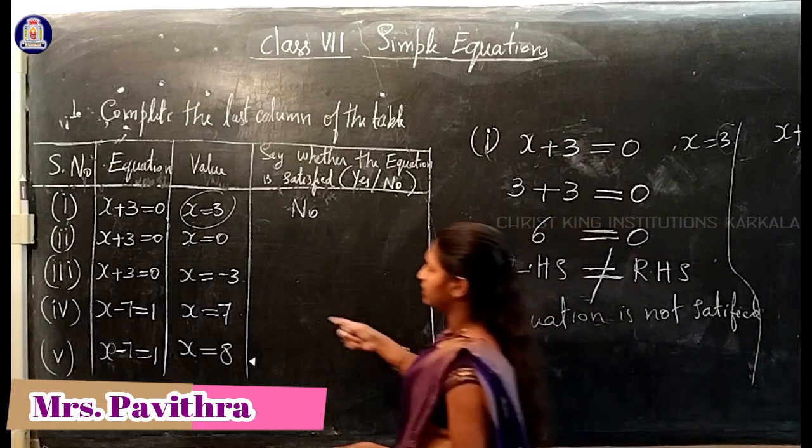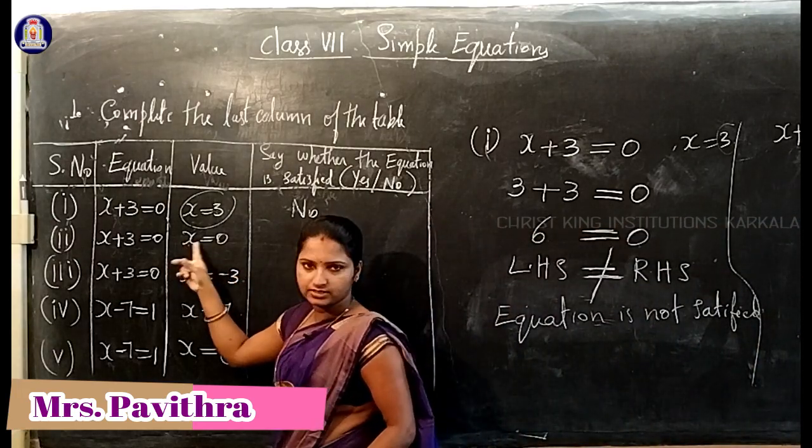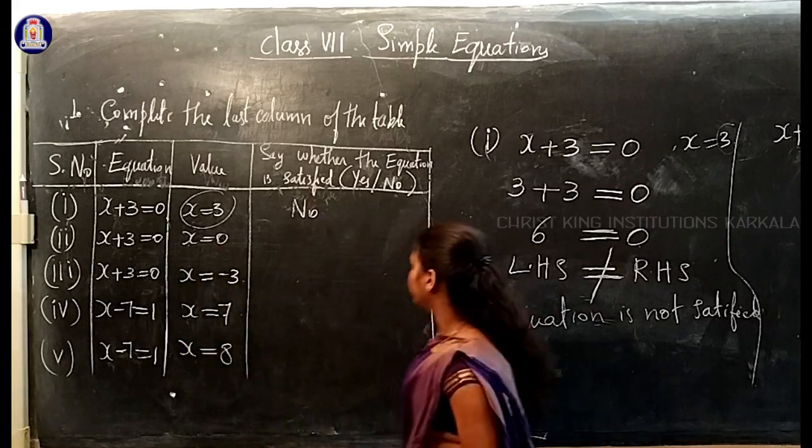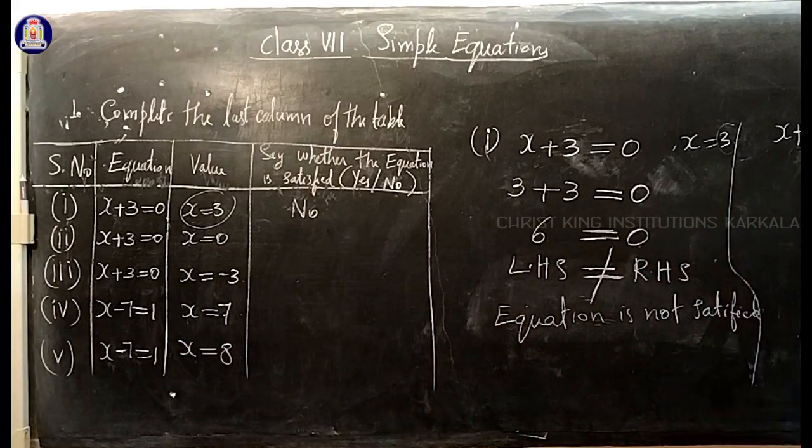The value of x is 0. So what we have to do? We have to substitute this value in this equation. Clear? In place of x you must write the value of x. X is 0, right? So 0 plus, the remaining values write as it is. That means put x is equal to 0, and write that x value in this equation. Substitute the value.